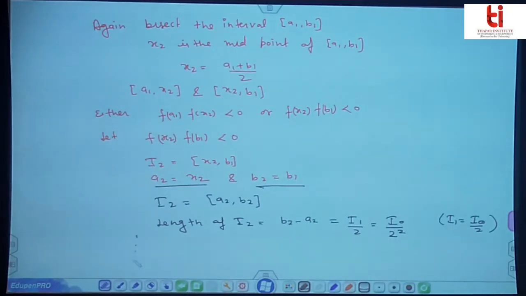Continue this process. We'll get interval In. In is what? [An, Bn], and the length of In will be what?